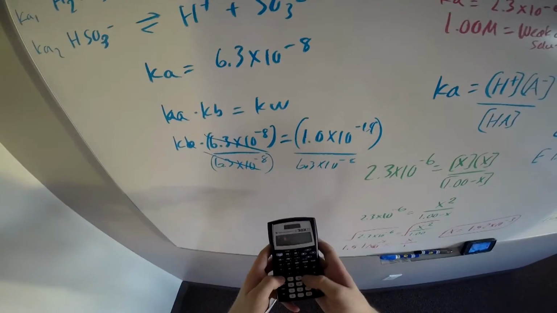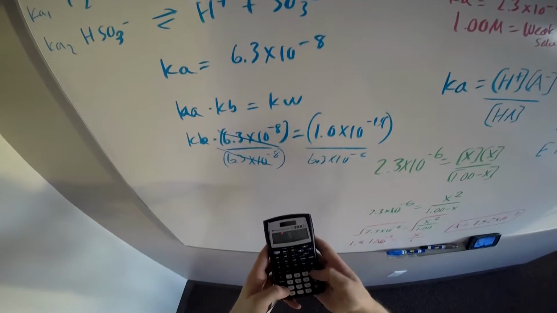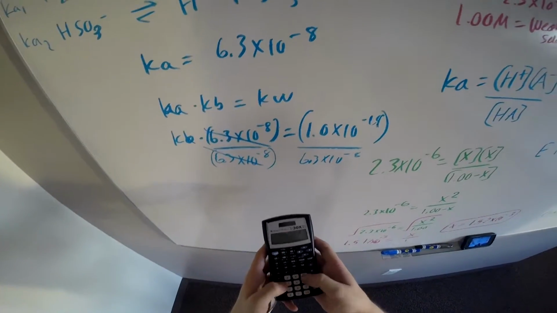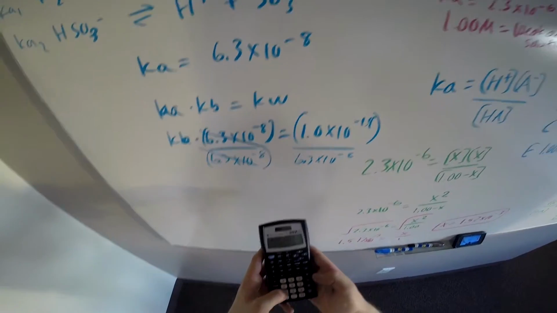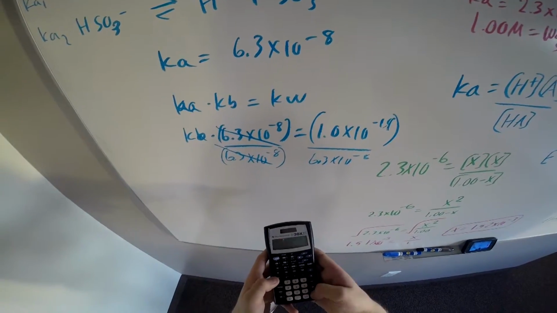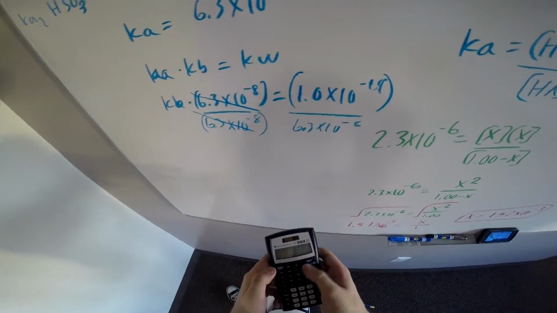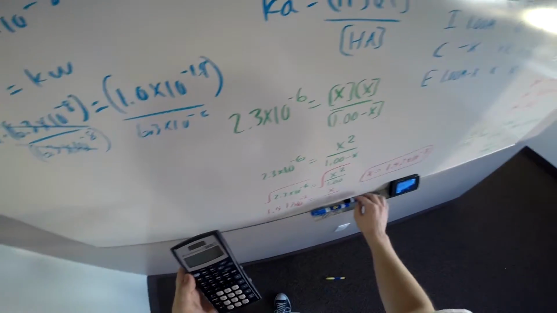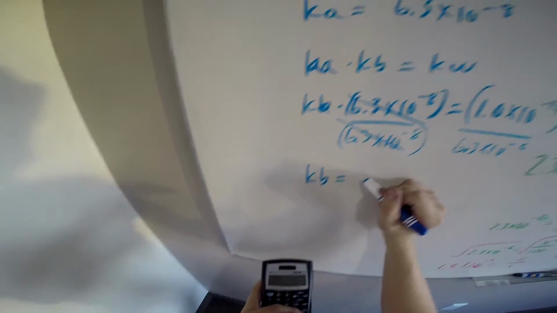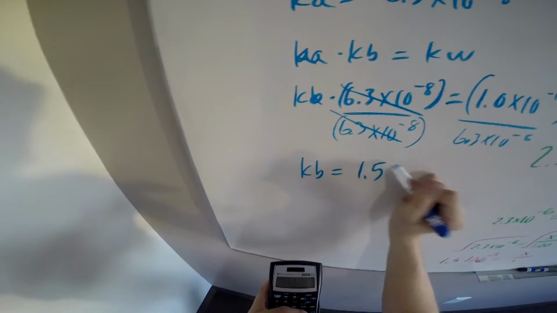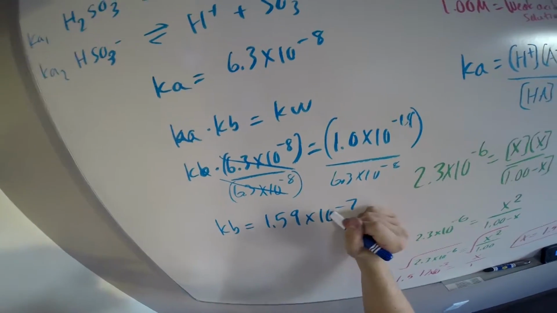Okay, so now we'll take our 1.0 times 10 to the negative 14, and we will divide it by 6.3 times 10 to the negative 8. And that's going to give us, let me write it down. Our Kb value is going to be equal to 1.59 times 10 to the negative 7. Okay?